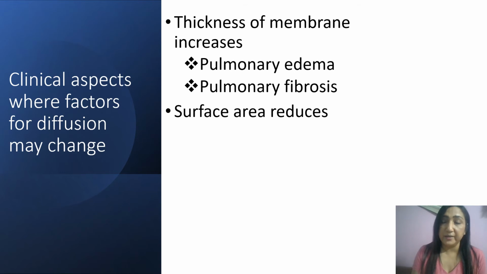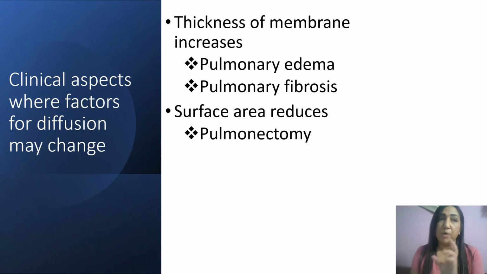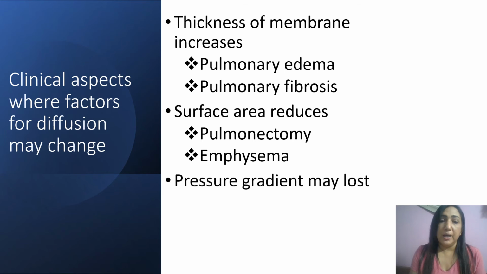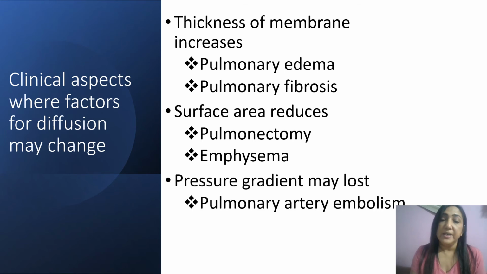The surface area is also reduced in pneumonectomy, that is, if one part of the lung is removed, and in emphysema. The pressure gradient may be lost in pulmonary artery embolism. So these are the clinical conditions where diffusion is hampered and the arterial blood gases, the partial pressures of oxygen and carbon dioxide, change from the normal values.